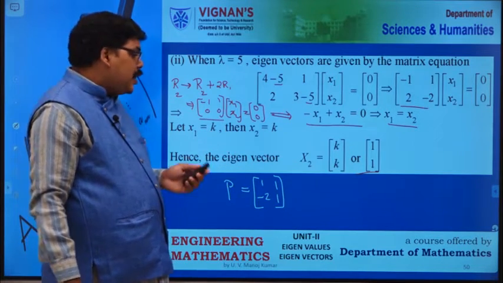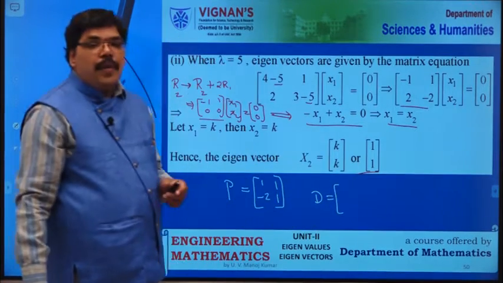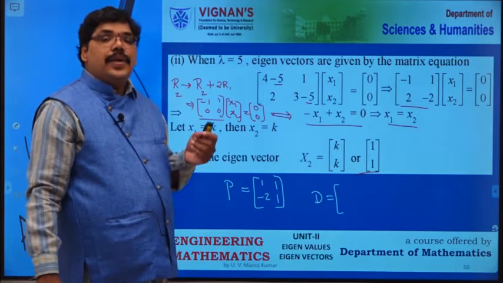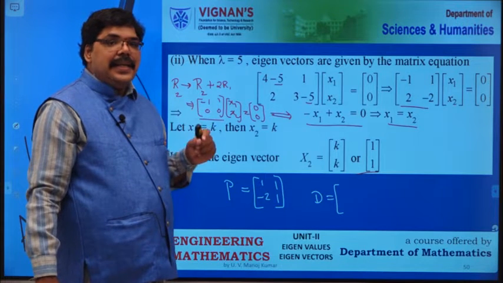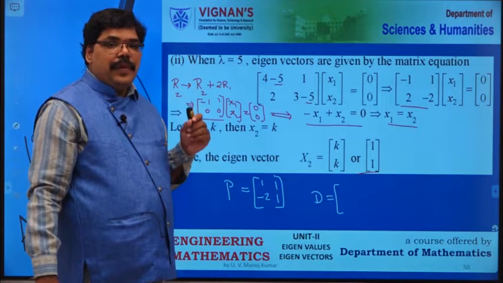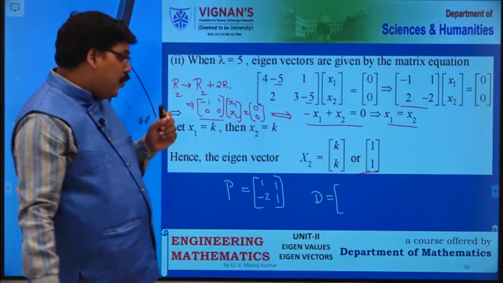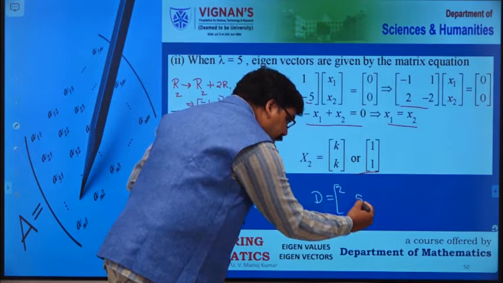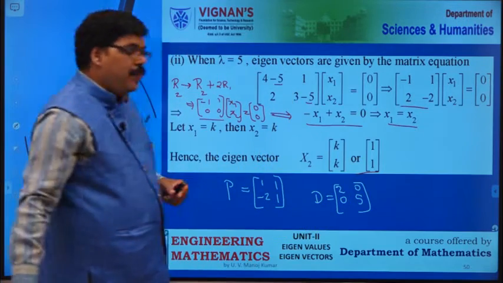Also we can write capital D. The resultant diagonal matrix will have the eigenvalues as the diagonal elements, so 2 and 5, and the remaining elements you write as 0.